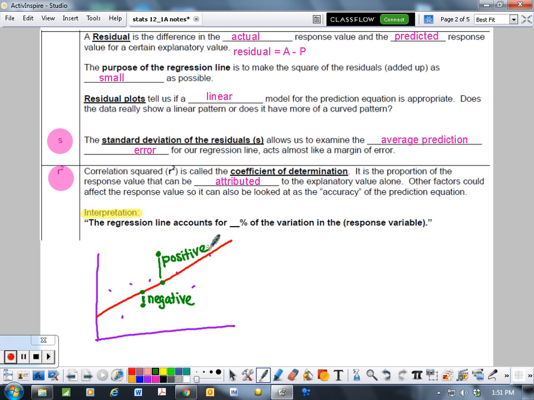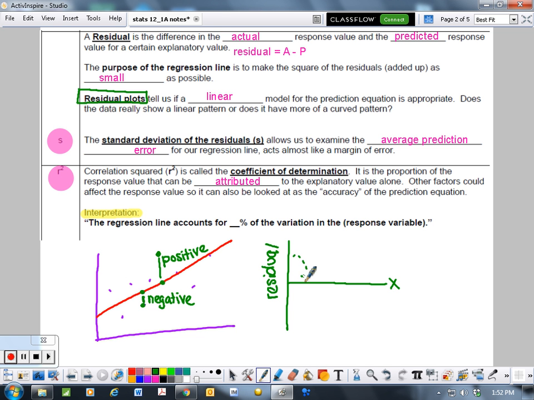And then we have something called residual plots. Residual plots tell us if a linear model for the prediction equation is appropriate. What it does is it takes our x values and then plots our residual on the y-axis. And so what we do is we look for some sort of a pattern.